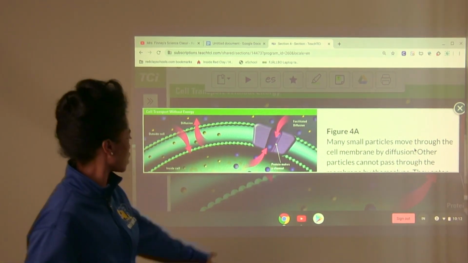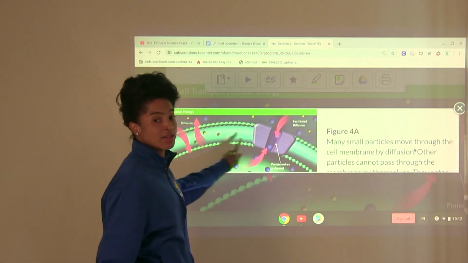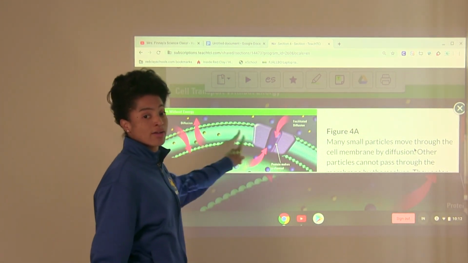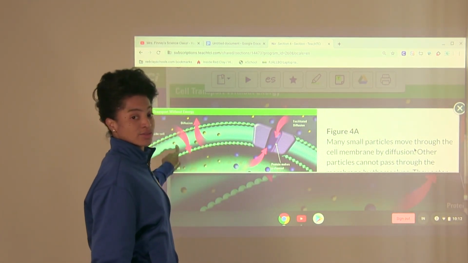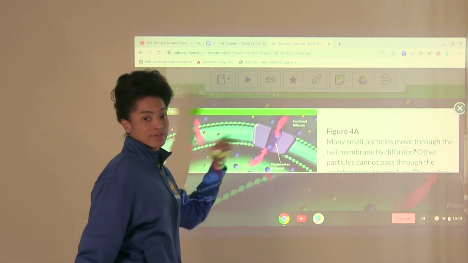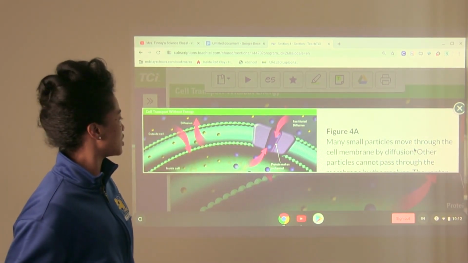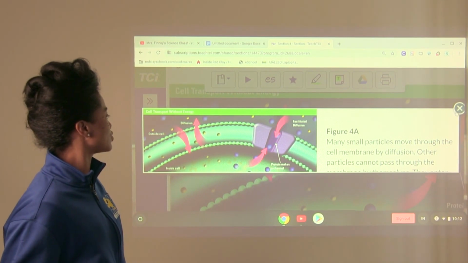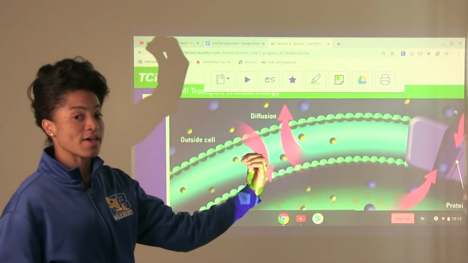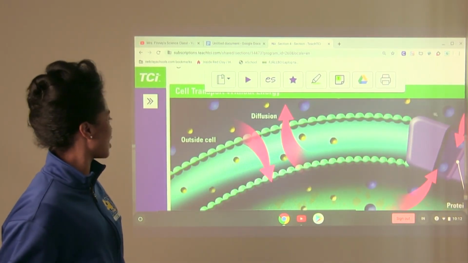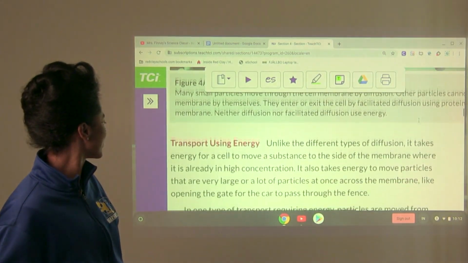Okay, so it's a little help tool right here, but either way does not require energy. Okay, diffusion, facilitated diffusion, two strategies we can use to move particles through a cell without energy. All right, now let's move forward.